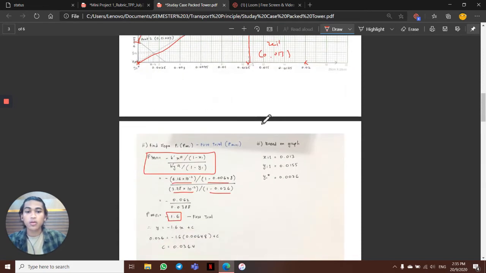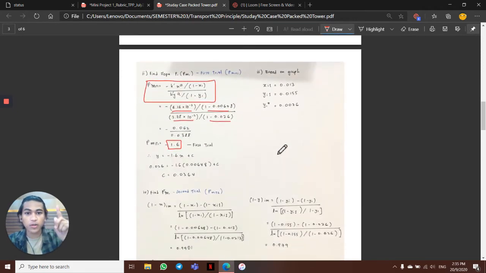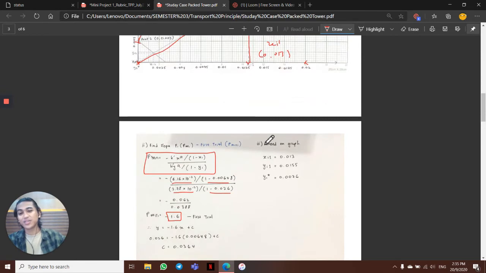Right, okay, so we already have the information of xi1, yi1, and y1 star.